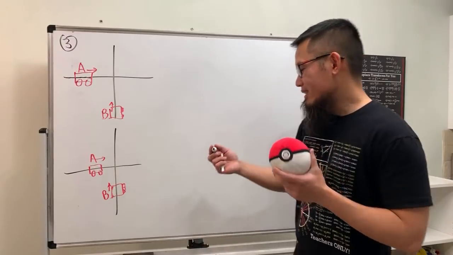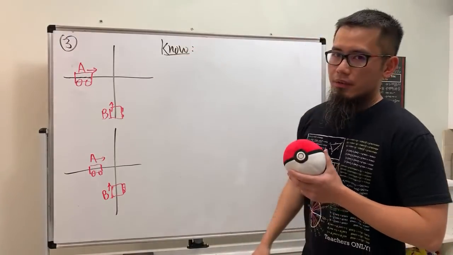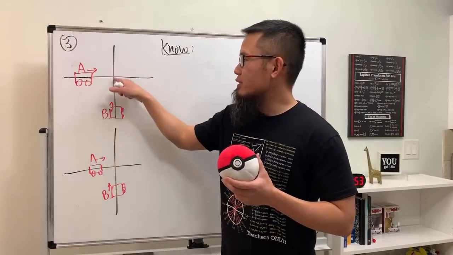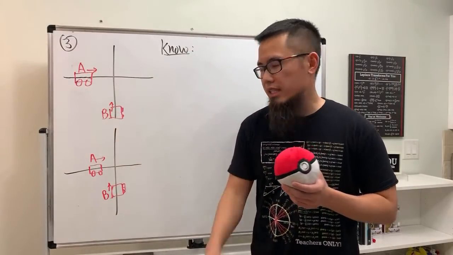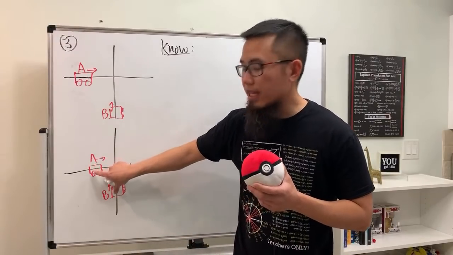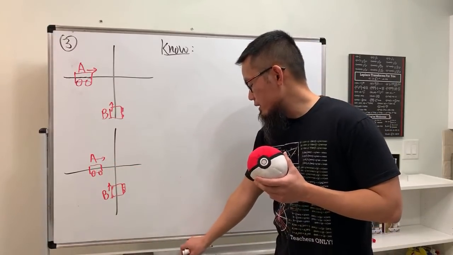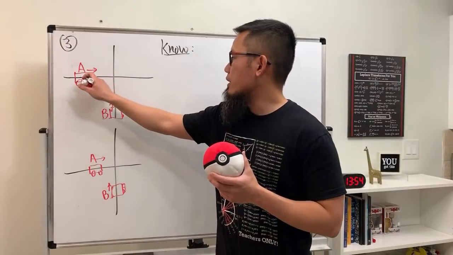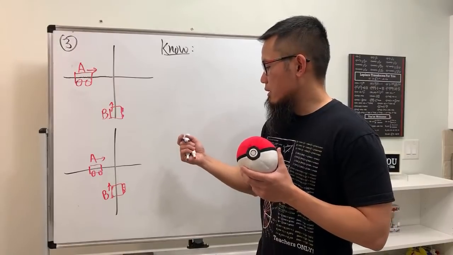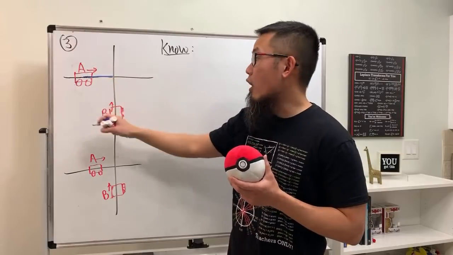But anyway, let's put down what we know. First, you can see that we have two cars, and this right here is 90 degrees. The question is asking how fast the cars are approaching each other. In that case, that's a straight line distance, right? So from here to here, we'll call that distance A, because here we have car A already.